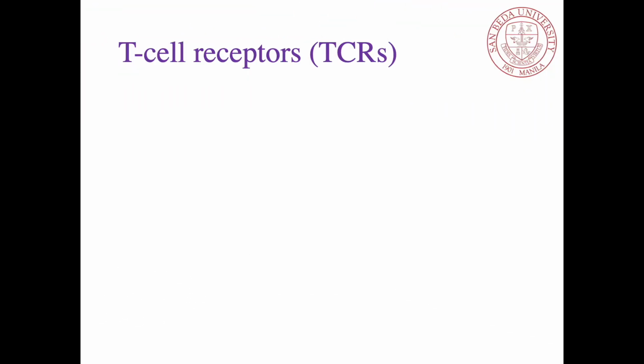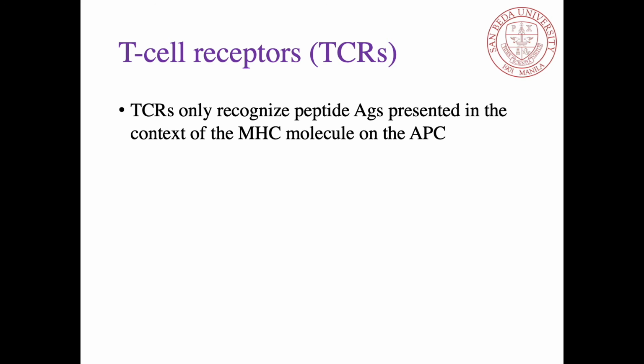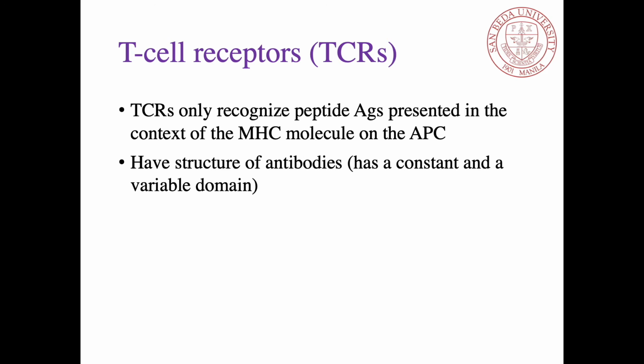Now, allow me to talk a little bit about T cell receptors, because there's something interesting about TCRs. TCRs only recognize peptide antigens presented in the context of the MHC molecule on the APC. What is very interesting is that the T cell receptor has a structure similar to that of antibodies. It has a constant and a variable domain, an arrangement similar to the chains of antibody molecules.